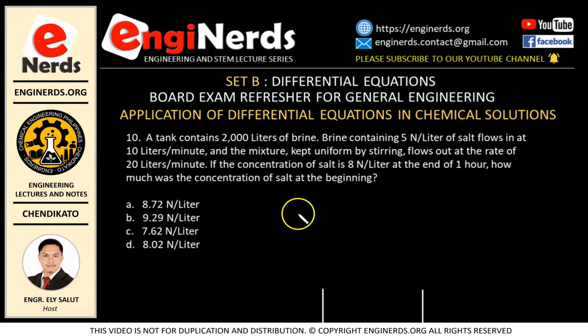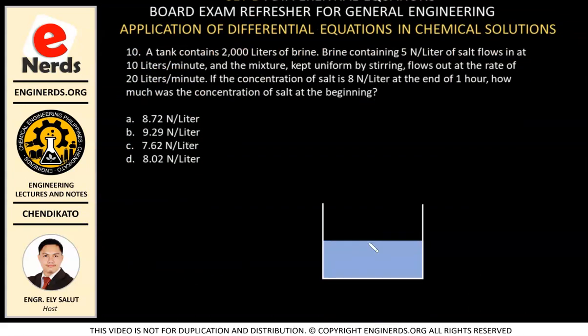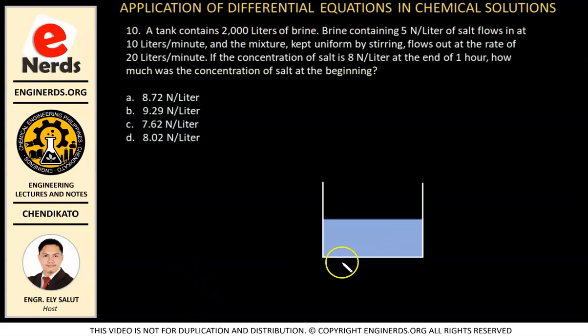So first, let us illustrate our problem so we can visualize it more easily. Initially, we have a tank that contains 2,000 liters of brine. So we know that initially we have a volume. Let's say this is our initial volume, which is 2,000 liters. Now, a brine containing 5 newtons per liter of salt flows in at 10 liters per minute.